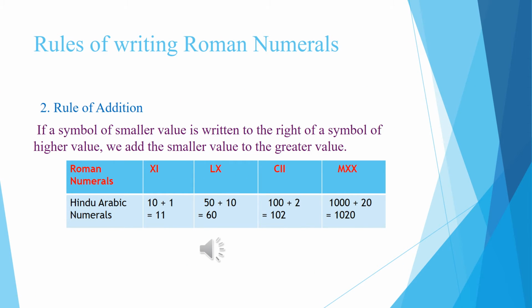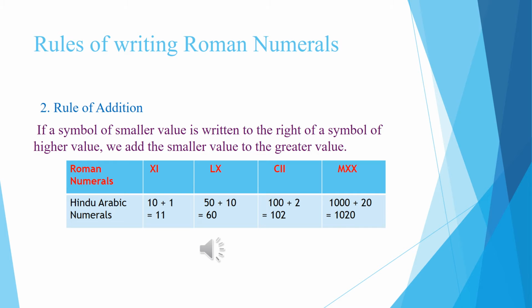Dear children, now let us see the rules of addition. If a symbol of smaller value is written to the right of a symbol of higher value, we add the smaller value to the greater value. Look at the following table. For the Roman numeral XI, I is smaller than X. The value of X is 10 and the value of I is 1.